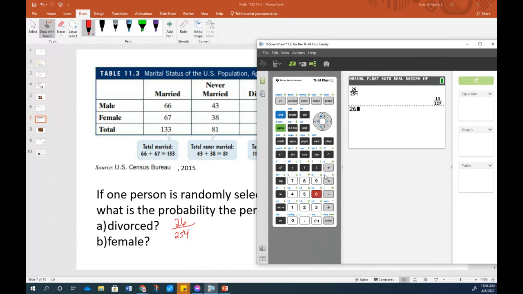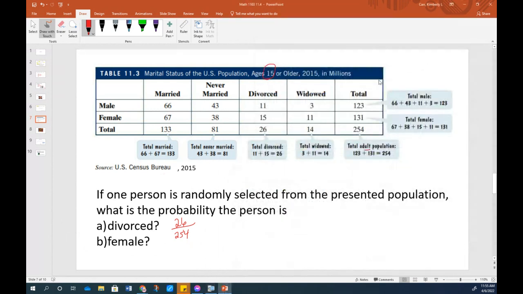Now, if you enter it like division, 26 divided by 254, it's going to give you a decimal. If it gives that decimal, you can immediately hit math, enter, enter, and it will again convert it. But if you just start by entering it as a fraction, when you hit enter, it reduces it for you. So this reduces to 13 over 127. So it was really just divisible by 2.